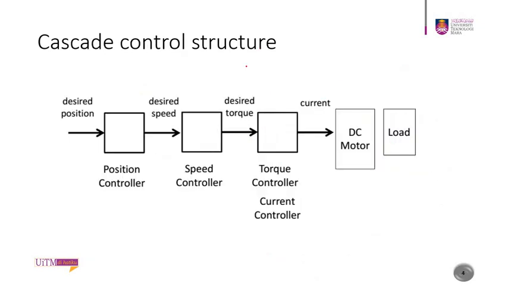So for a cascade control system, the example just now is a single input, single output closed loop system, but the basic transfer function still applies to more complex multi-loop systems.